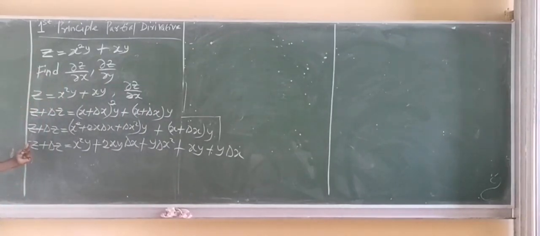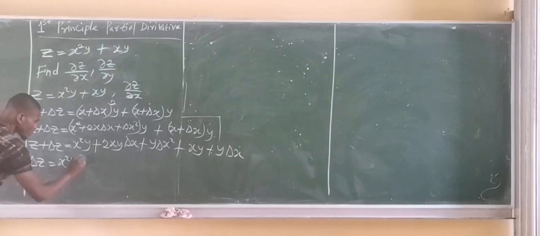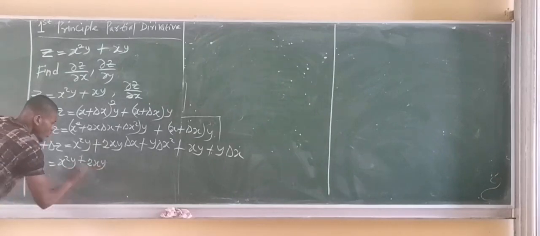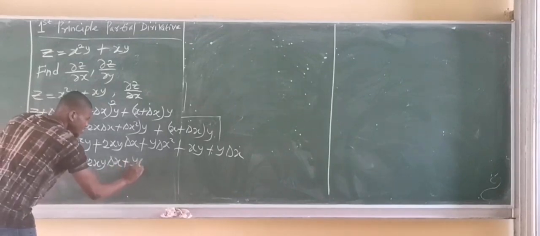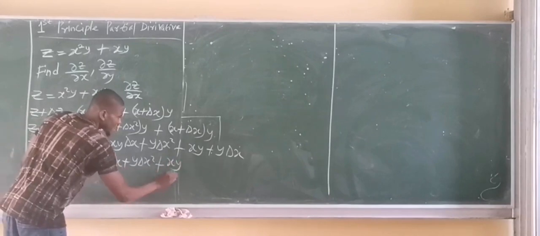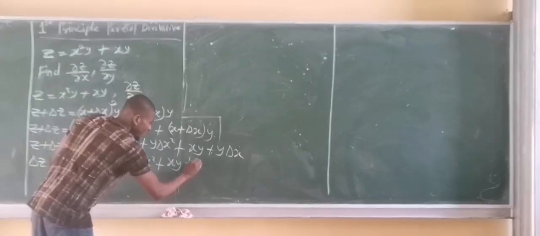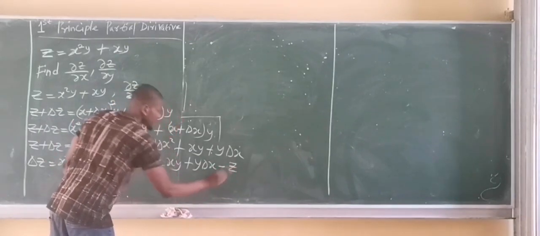Now let me transfer z over to this side of the equation. If I transfer z over to this side of the equation, I'm going to have change in z left here. So change in z is now equal to x squared y plus 2xy change in x plus y change in x squared plus xy plus y change in x minus z.